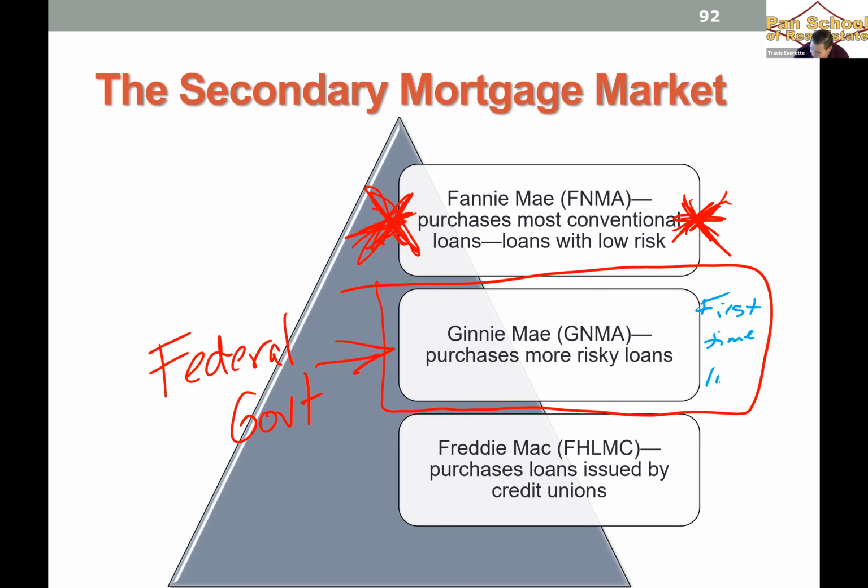These are your low down payment. These are maybe, you know, got some credit issues. And up here, this is your cream of the crop. Fannie Mae's got their nose turned up at all those people down there. Not buying those loans. They're too risky.